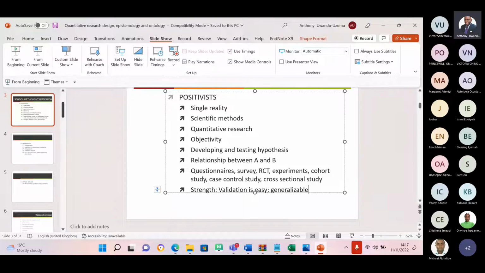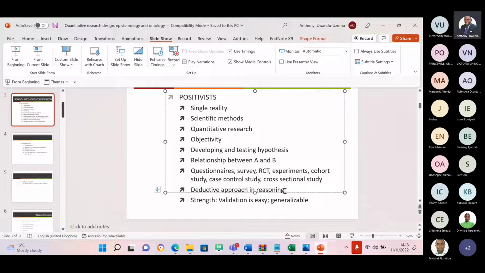And then here they use the deductive approach in reasoning. Okay, so you need to know the categories. So this is the deductive approach in reasoning.